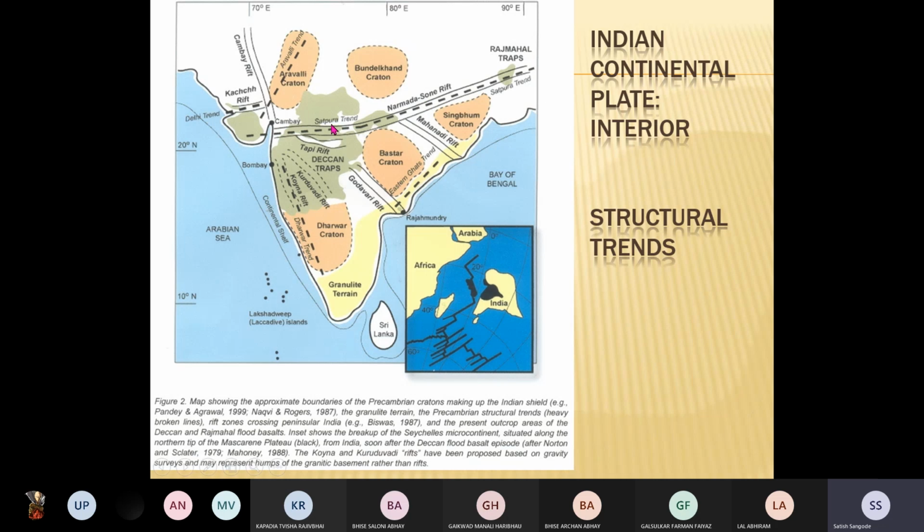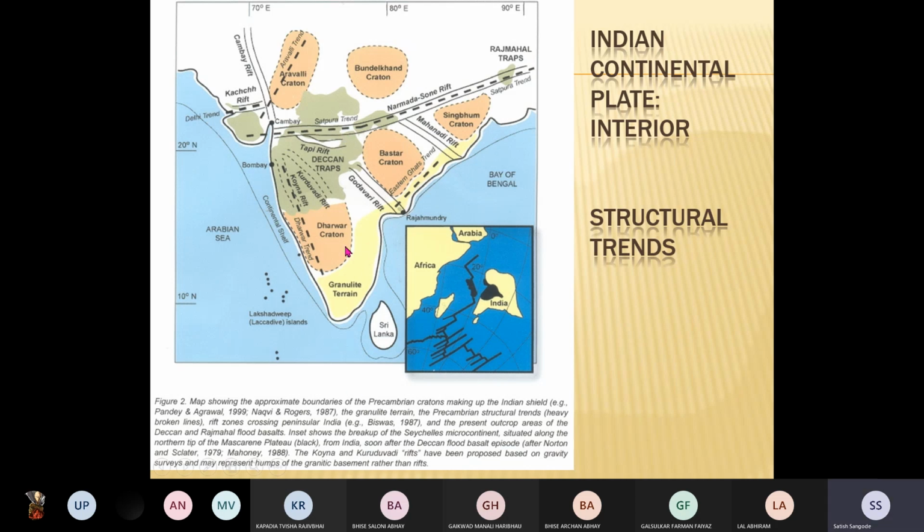The Son Narmada Rift is in fact associated with a mobile belt, the Central Indian Shear Zone. On the other hand, the Godavari Rift and Mahanadi Rift are not associated with a mobile belt. For Mahanadi, some records are there that we will see. Otherwise, the Godavari Rift is not associated with a mobile belt.